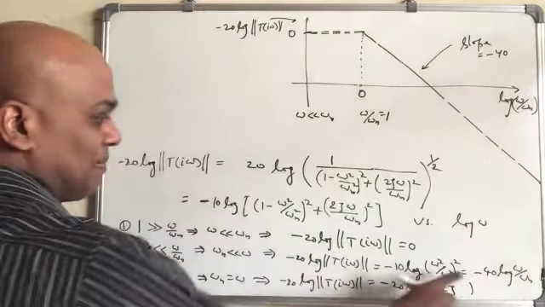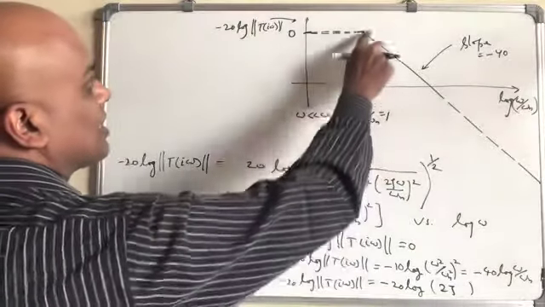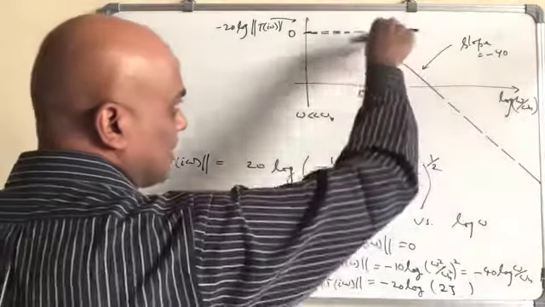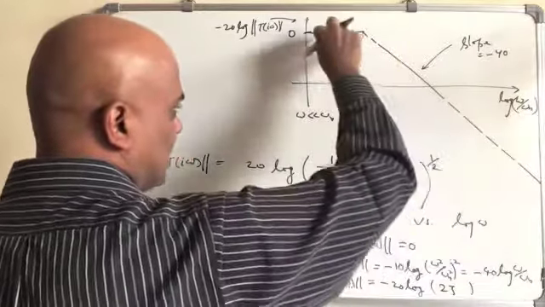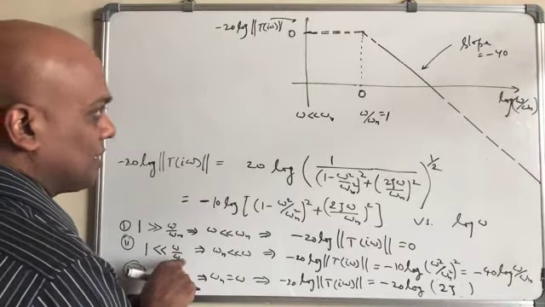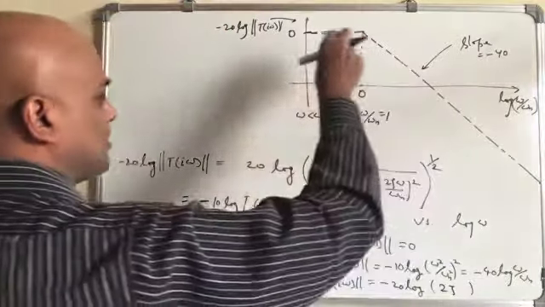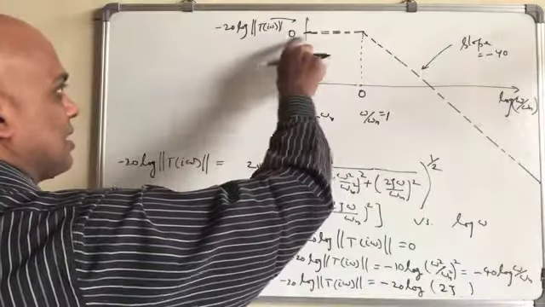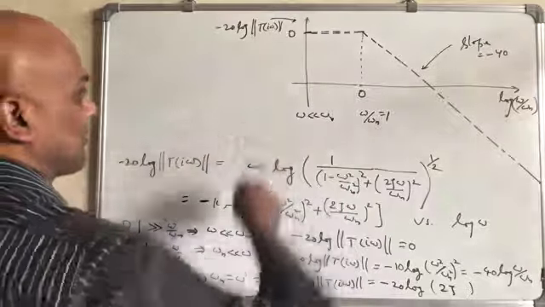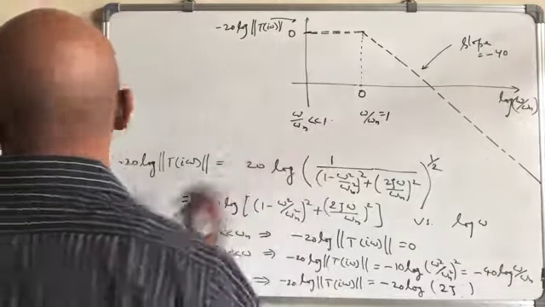However, remember that depending on zeta we have different values at omega equal to omega n. This is an asymptote, meaning that the actual curve is not exactly this, because we have assumed omega is far greater than omega n. This also is an asymptote, because it tells you what happens when omega over omega n is far less than 1.